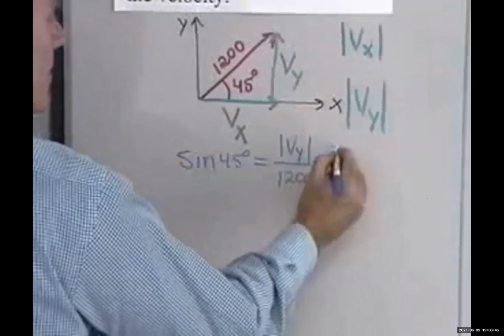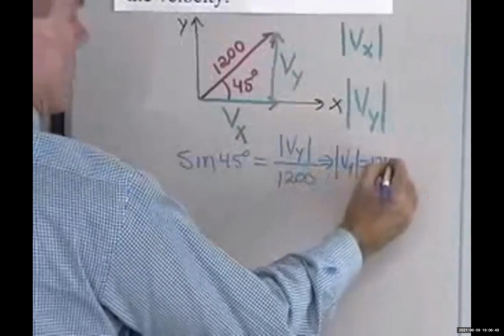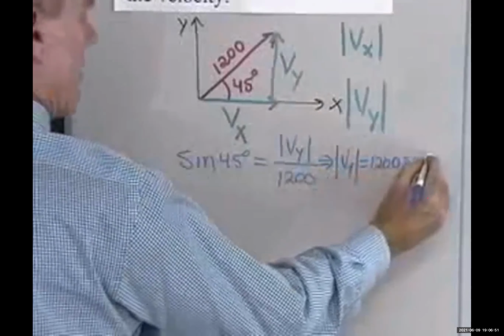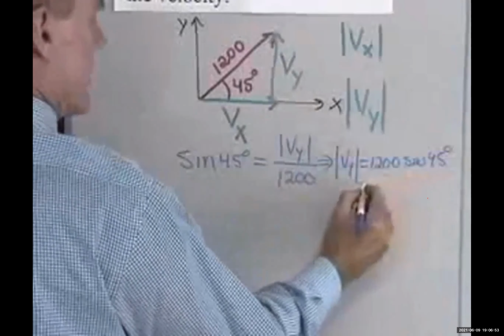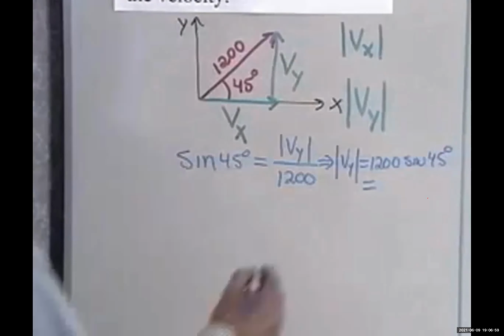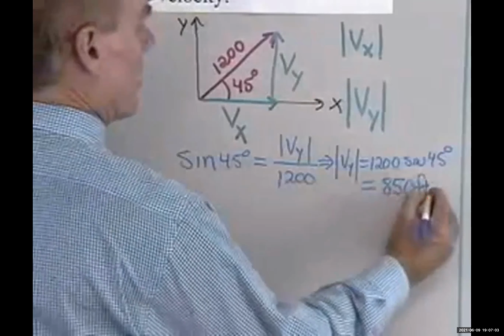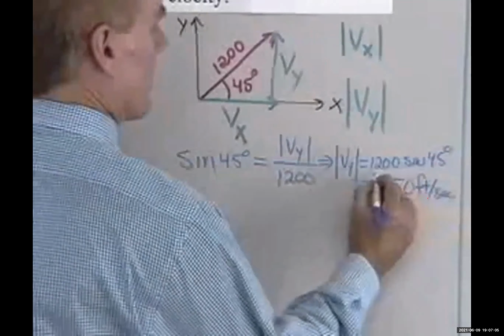That implies that the magnitude of v sub y is 1200 times the sine of 45 degrees. I do this on a calculator, 1200 times the sine of 45 degrees, and I end up with 850, and I'll put in the units feet per second.